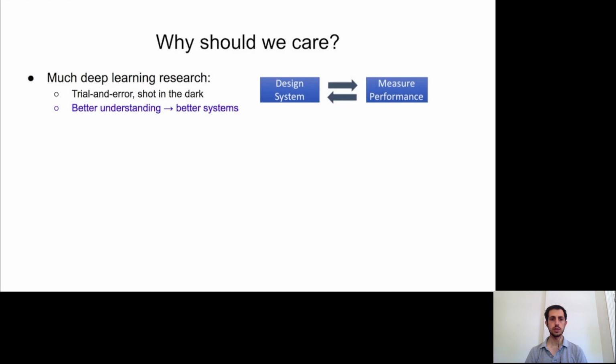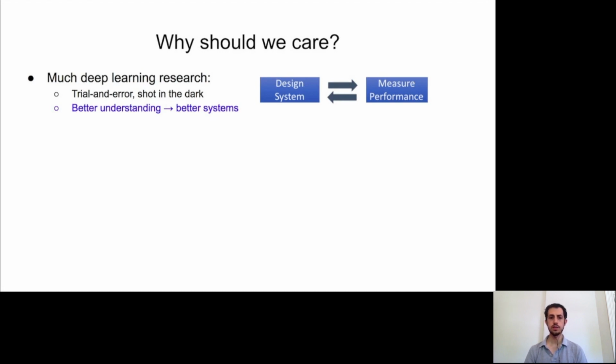Why do we even care about opening the black box? Well, at least up until recently, a lot of the deep learning research can be seen as a trial and error process where you design some system, train it, measure its performance, and according to some one measure, be it BLEU or accuracy or F1 or whatever, if you're not happy, you go back to the drawing board and tweak something and change the activation function, the wiring of the computation graph, and so on.